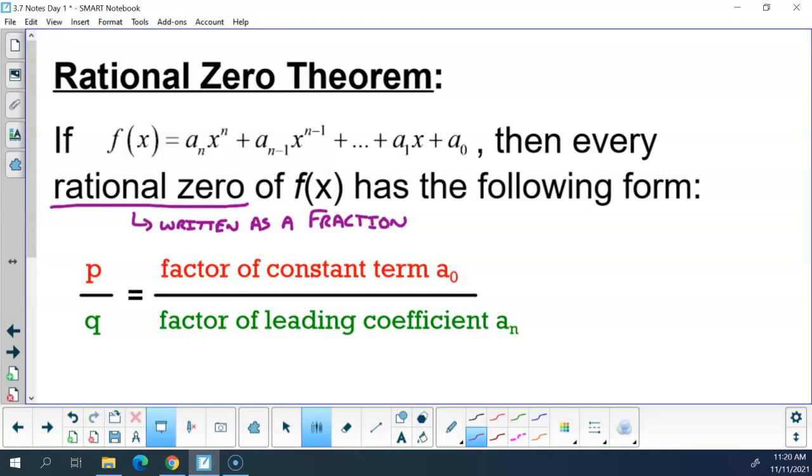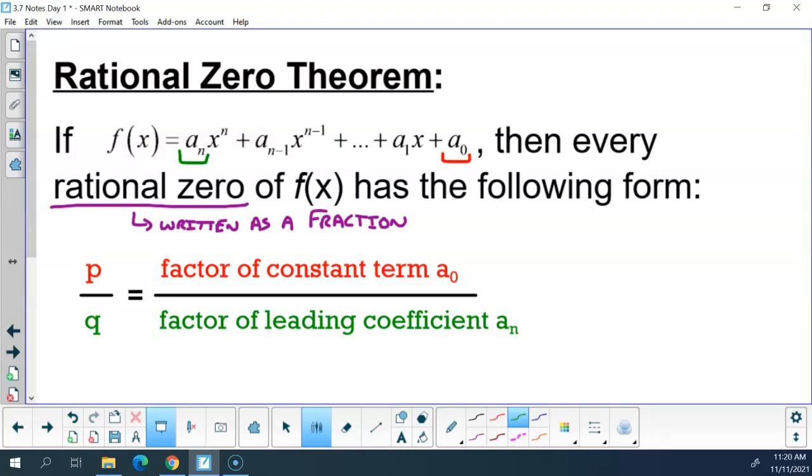So what the rational zero theorem says is that all of the possible rational zeros will all be of the form P over Q, where P is a factor of the constant term, that's the number that comes at the end, divided by all of the factors of the lead coefficient.